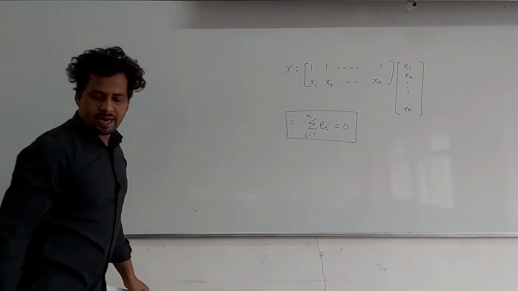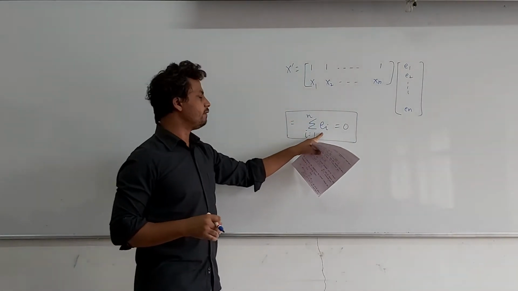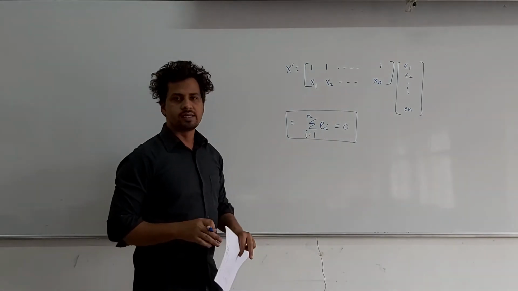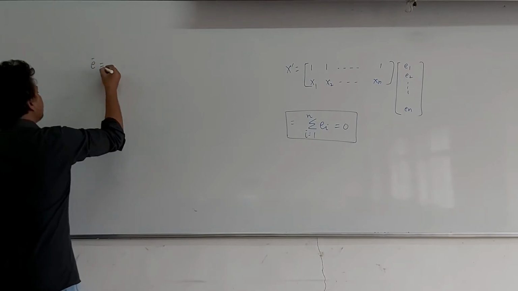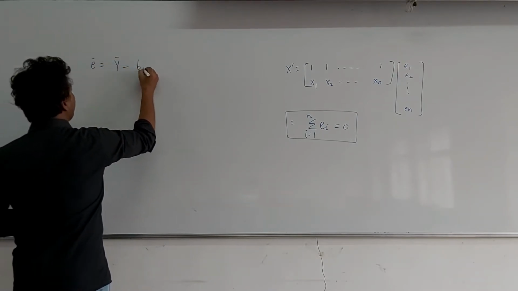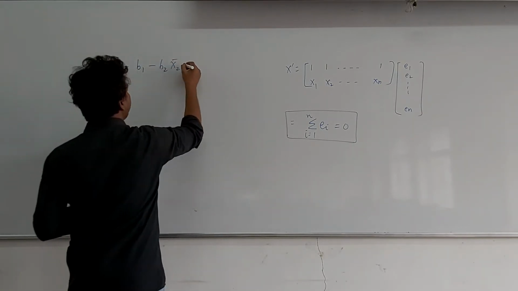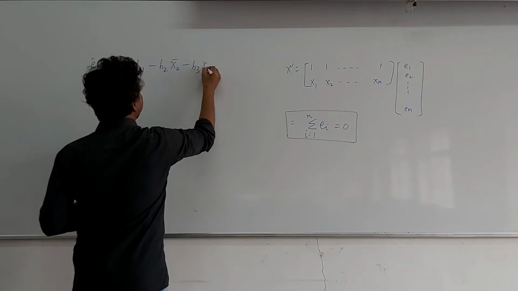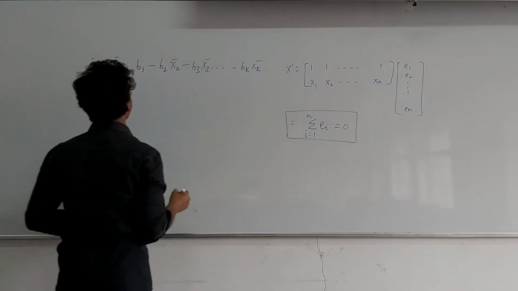So summation Ei going to 0 also means that the average value or the mean value of the residuals is 0. So I can write the mean value of the residual, e bar, as y bar minus b1 minus b2 x2 bar, if I have taken k explanatory variables, minus b3 x3 bar, so on till minus bk xk bar, right?